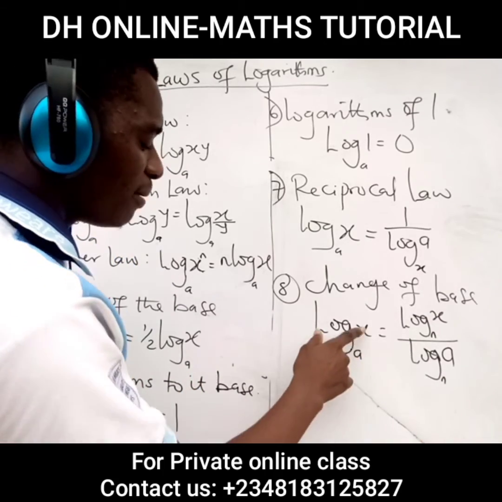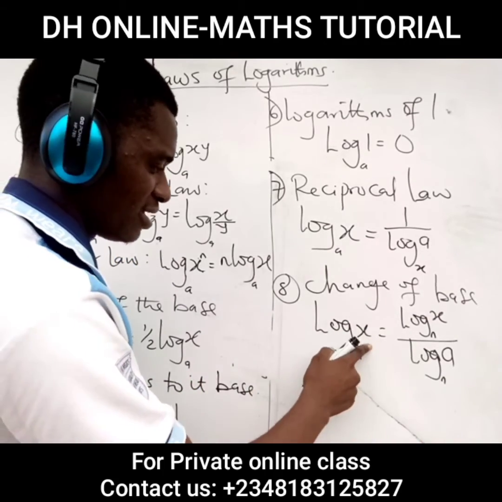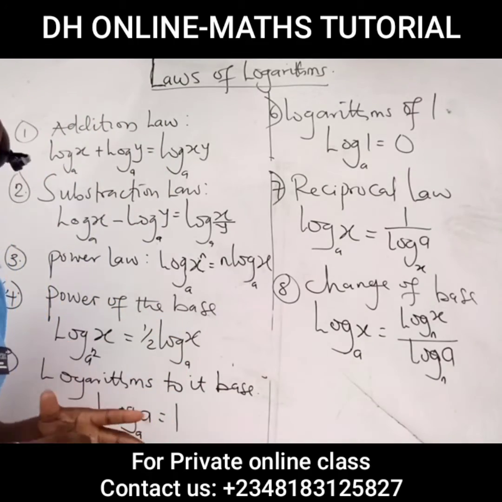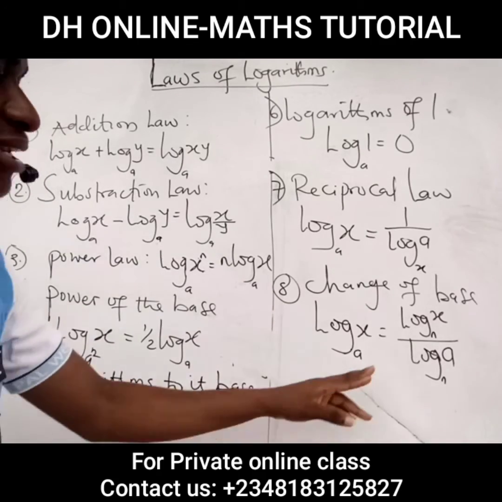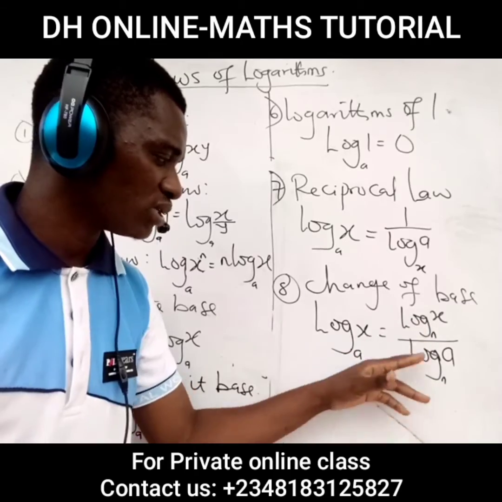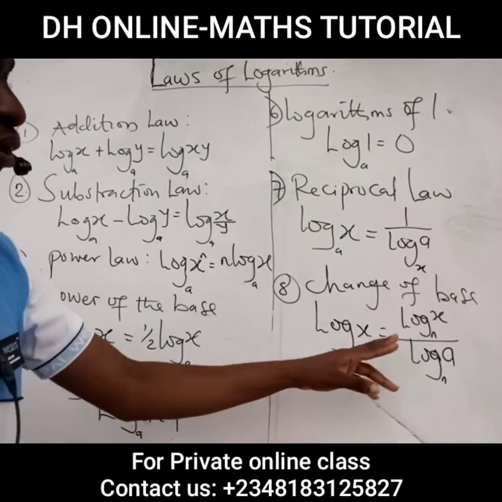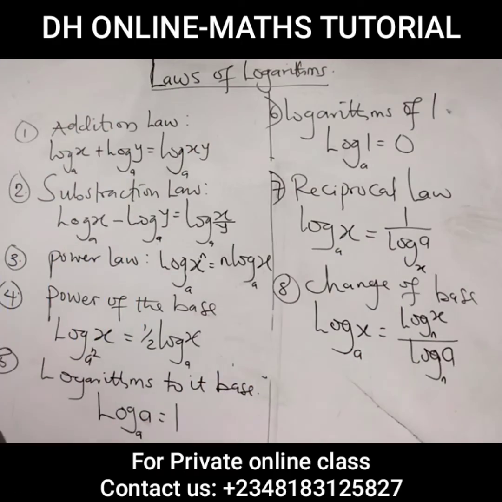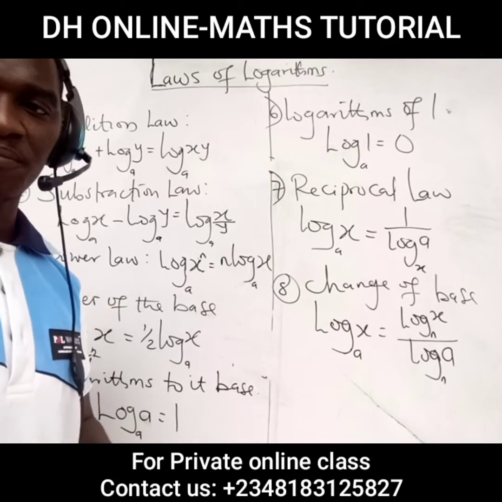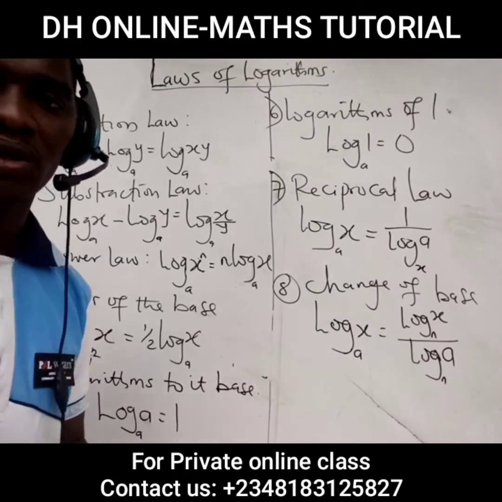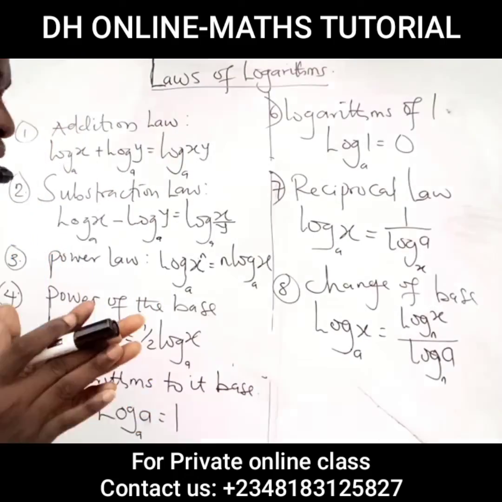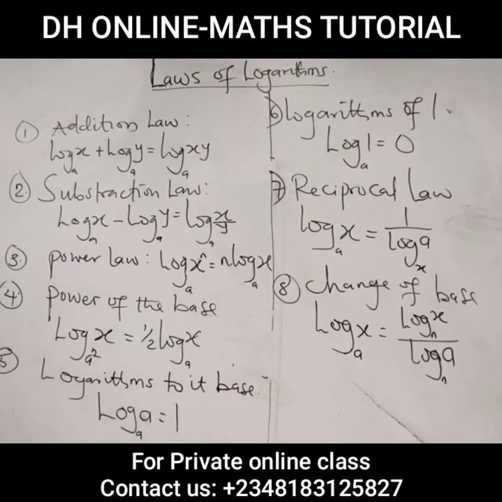That means each of them will have its own log and its own base, and the base at which both of them are working now is, by default, base 10. You should know that by default all logs operate in base 10. I believe you understood all I've just explained to you, and I hope that by the time you watch the video over and over, you will understand.